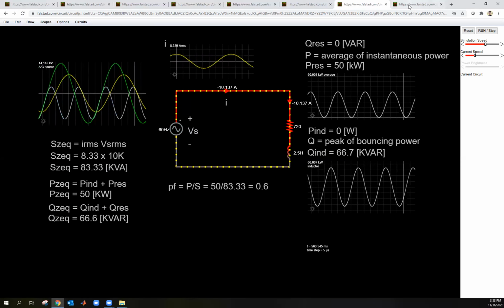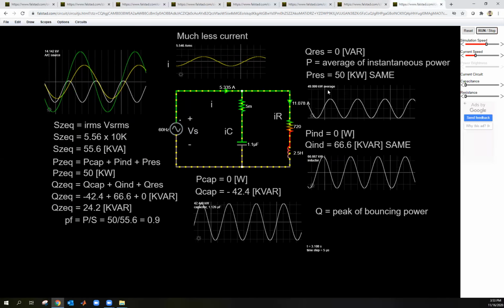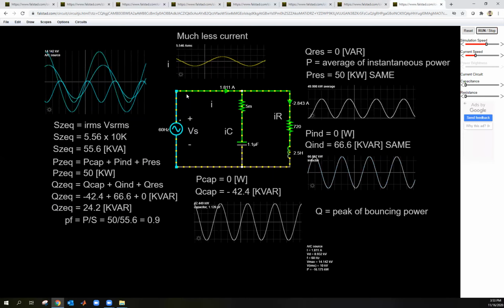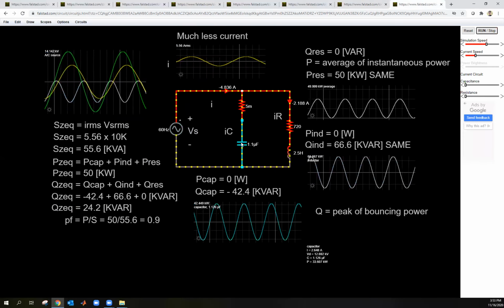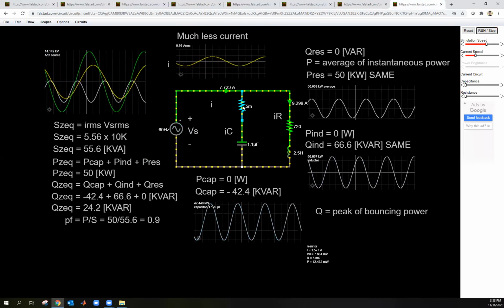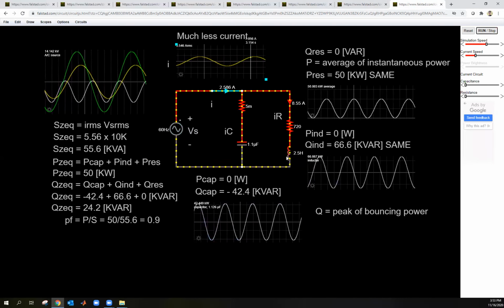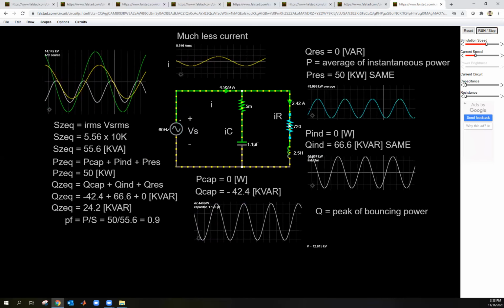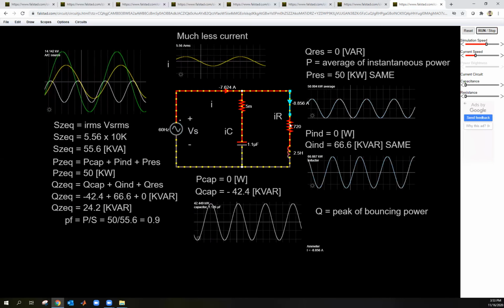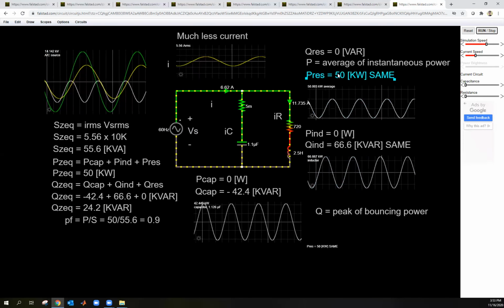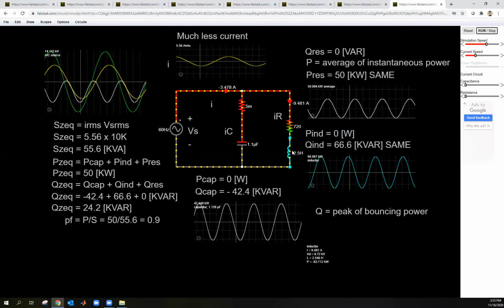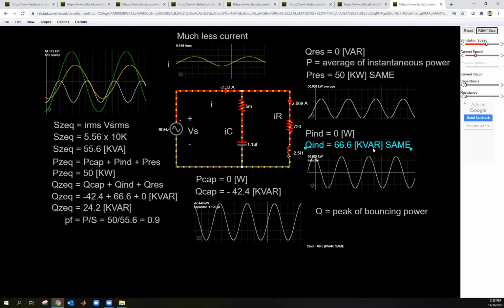Now, if I compare that to this one, this is the same resistor, inductor, and voltage supply, but notice the difference. I've added a capacitor. And yes, I put a little resistor here, it's a very small resistor to make it numerically stable. But look at the current. Look at the resistance. Look at the inductance. The resistance here has the same power, 50 kilowatts. The Q has the same 66.6 kilovars.